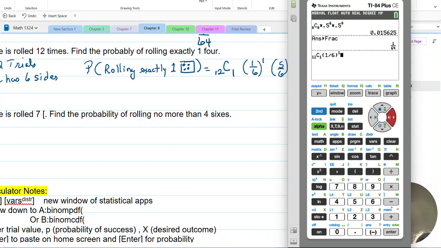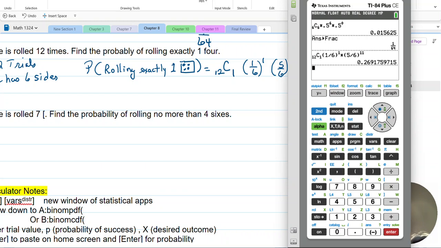And I'm going to multiply 5 divided by 6, up caret, and this one is 11. Okay, these must match the trials or the n of the combination.